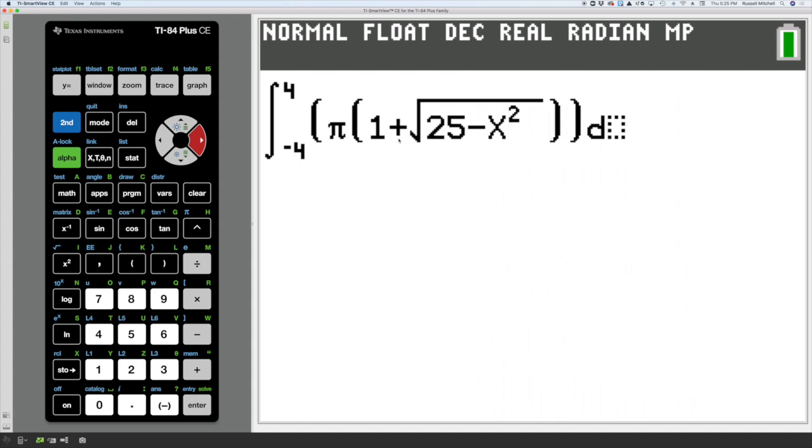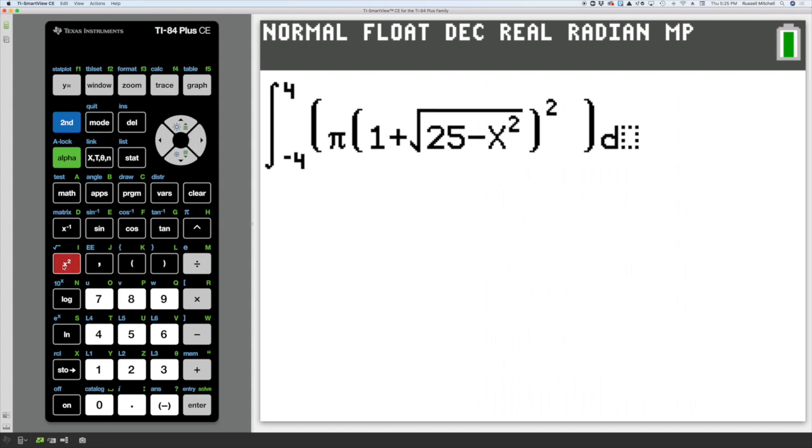Okay, so 1 plus the square root of 25 minus x squared. Okay, I need to get outside this parenthesis right there, right? And I need to square it. So that's pi big R squared, right? And then minus pi little r, right? So I'm going to use parentheses, 4, close the parenthesis, and square it.